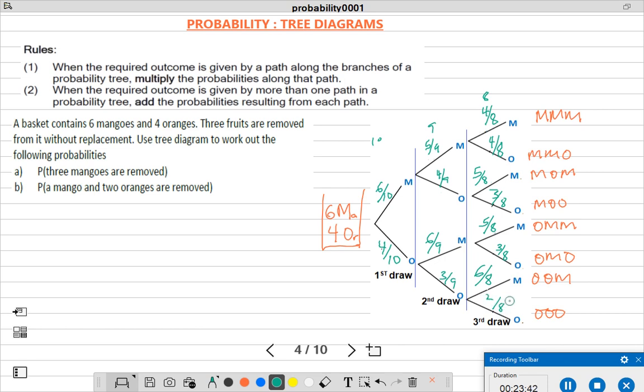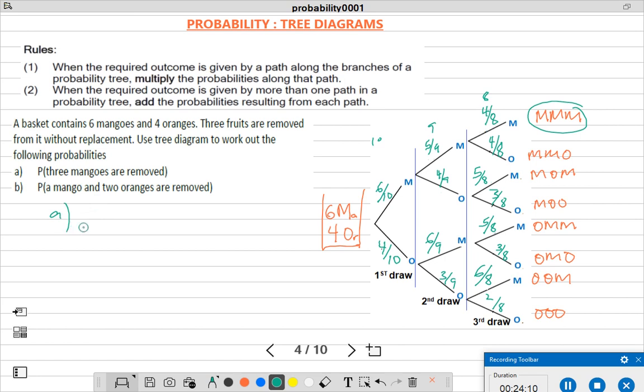Now here they are telling us to find the probability that 3 mangoes are removed. 3 mangoes, I think it is only here, when you have a mango, and a mango, and a mango. So it is just 1 path. We don't have any other option where I have 3 mangoes. So what we do, we just multiply.